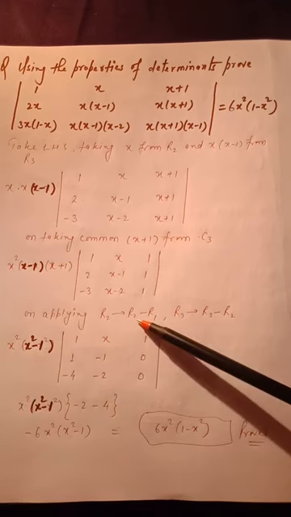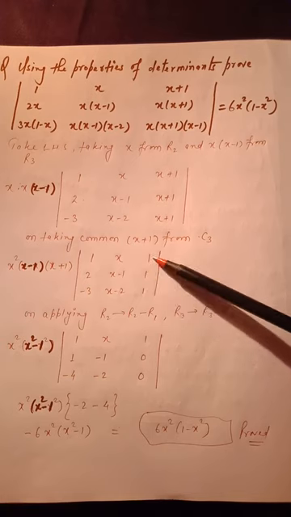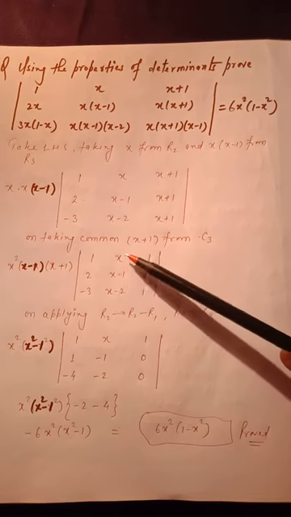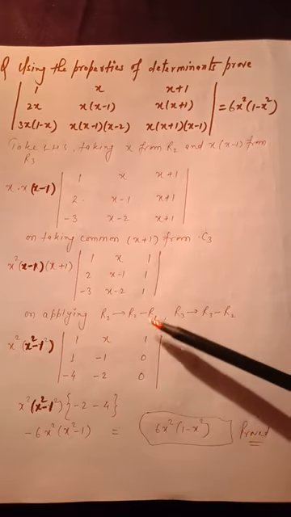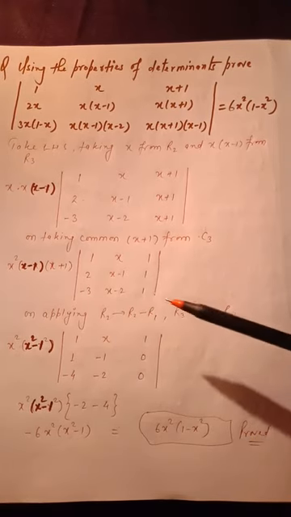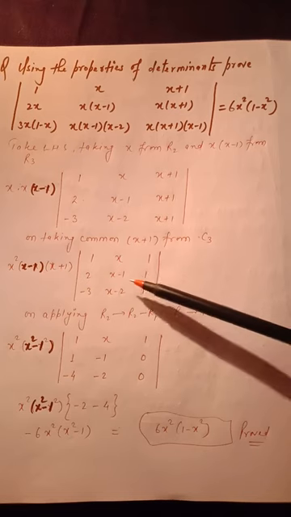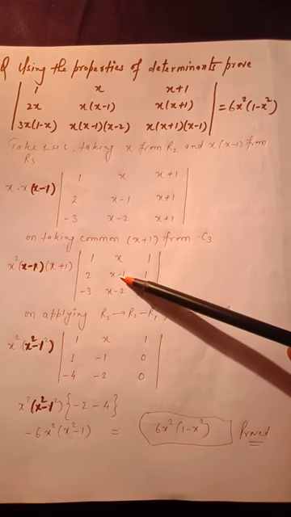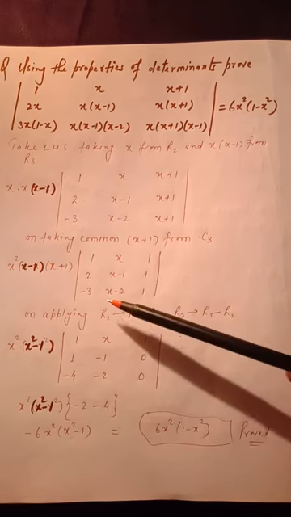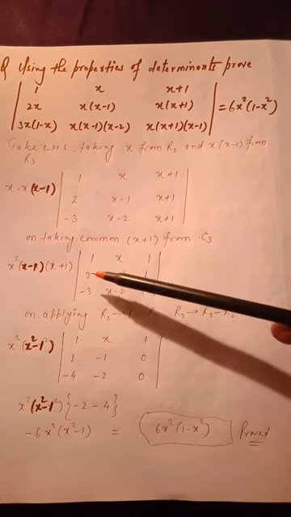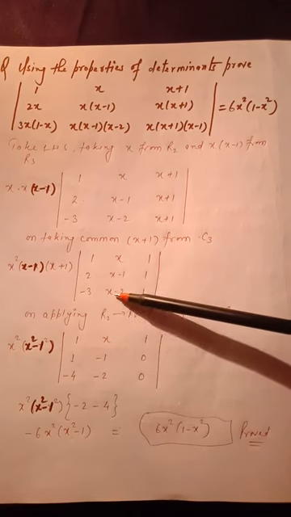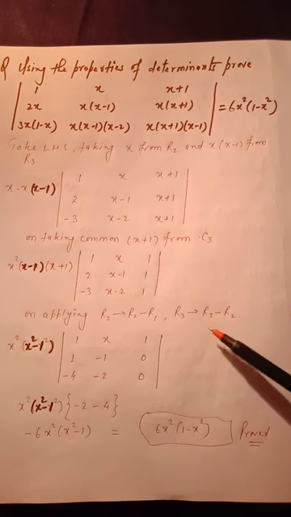Now when we apply R2 minus R1, 1 minus 1 is 0, x minus 1 minus x is minus 1, 2 minus 1 is 1. Similarly R3 equals R3 minus R2. So 1 minus 1 is 0, x minus 2 minus x minus 1, we will get minus 2, and 3 minus 2, which is minus 4.